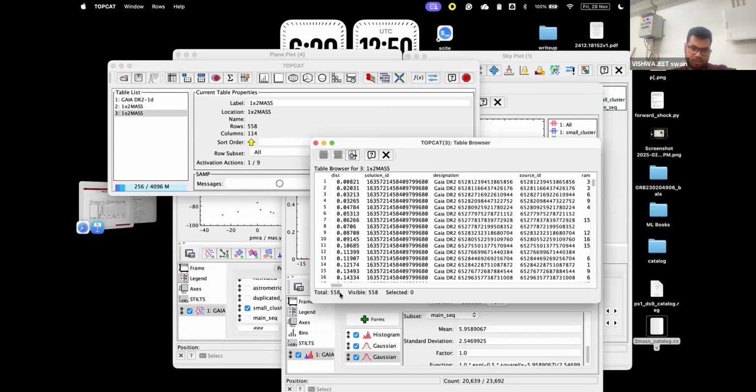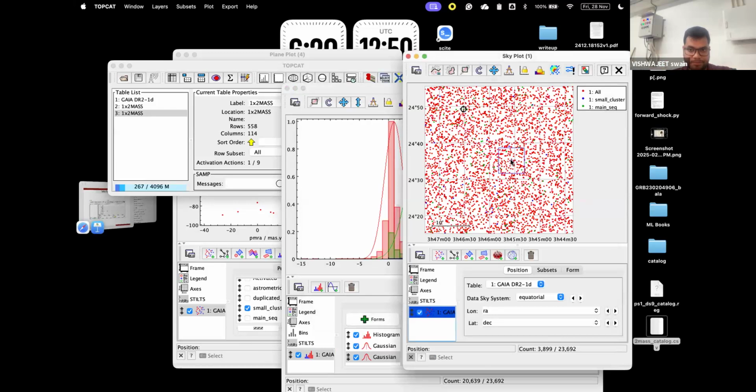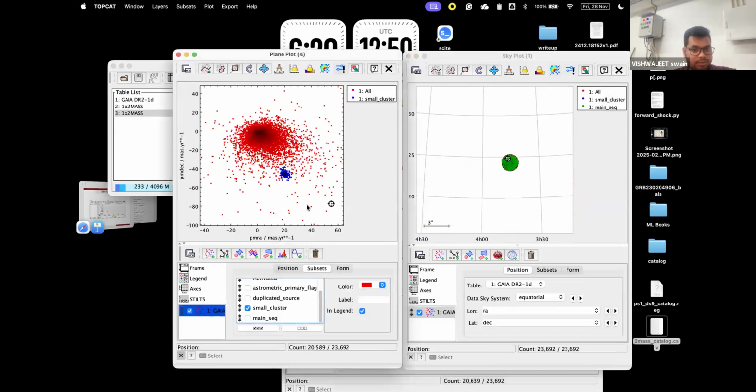So from the two different catalogs we queried, we found 558 cross matches from that particular blob which we selected. This is with respect to this small blob, which is indicated by the blue one.